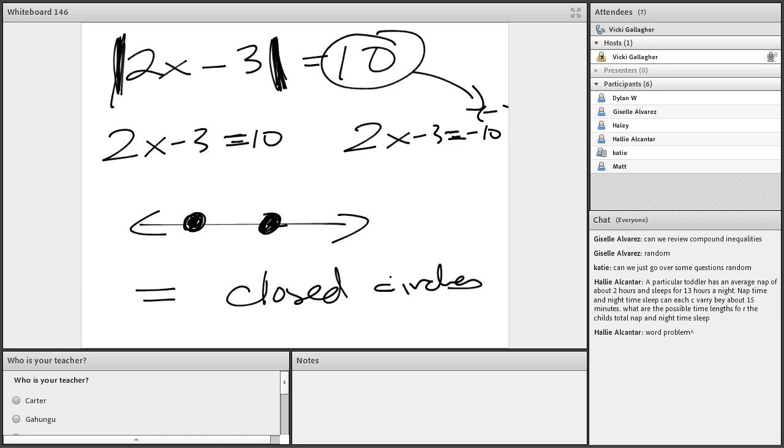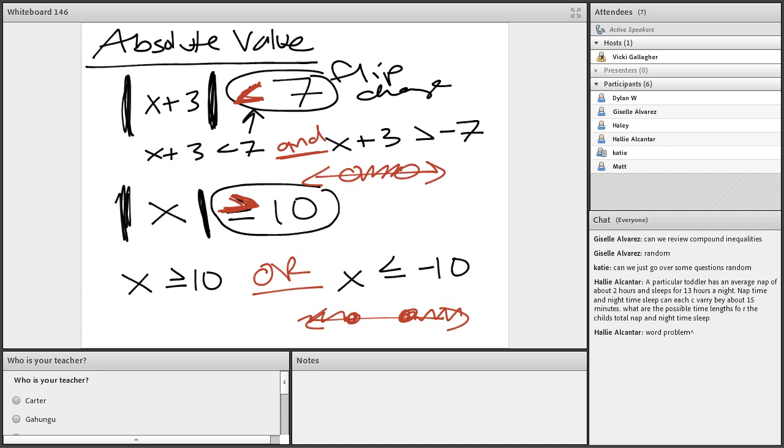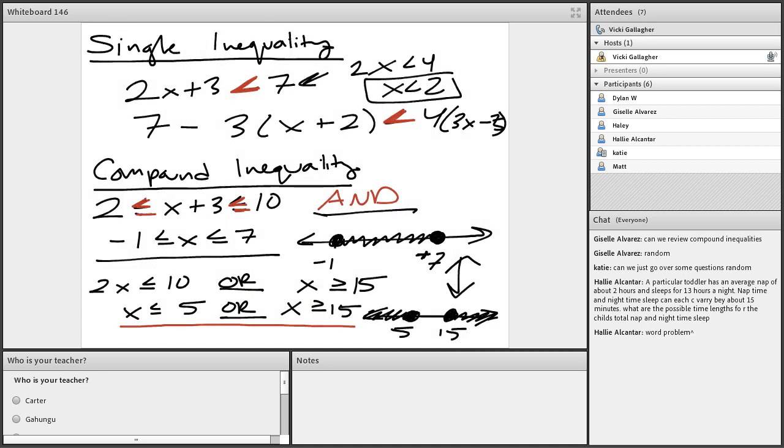All right, that's a very quick, very basic rundown of the generic, normal types of problems that can show up on tomorrow's test. So really quick, one more time. You can have a regular, normal, single inequality that gives you a single answer, which would give you one circle and shading in one direction.